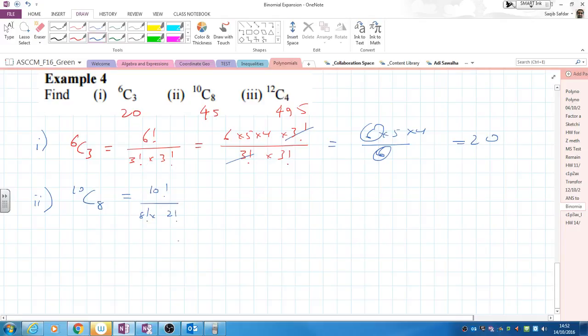Is that right? Yeah. Okay, this one's not too bad, because what I've essentially got is 10 times 9 times 8 factorial, which just cancels down with this 8 factorial times the 2 factorial. The 8 factorials are just going to cancel, so I've got 90 over 2, which is 45.